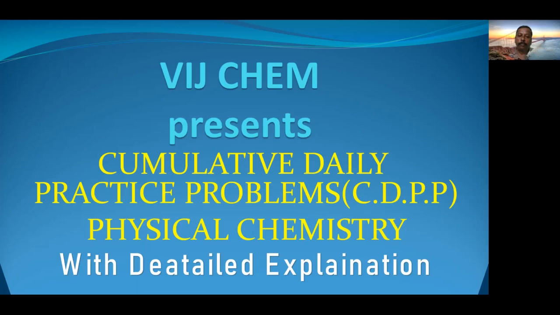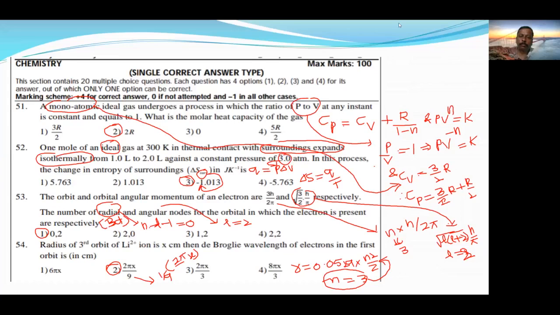Let's start with the questions one by one, with tricks and tips, and we will complete this as soon as possible. Okay, here is the first question. It is picked up from thermodynamics. Here it is given as monoatomic.